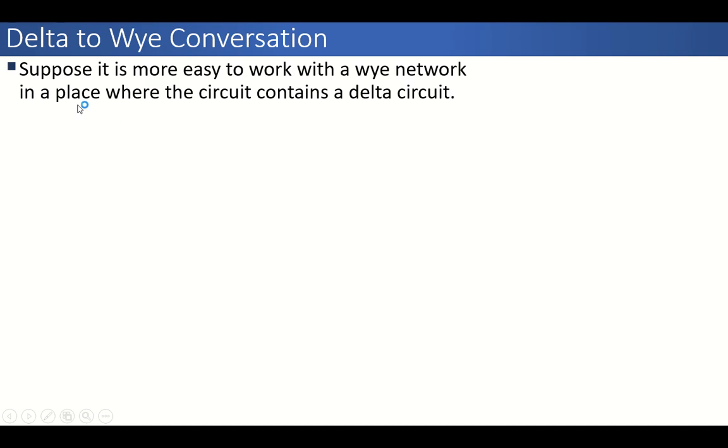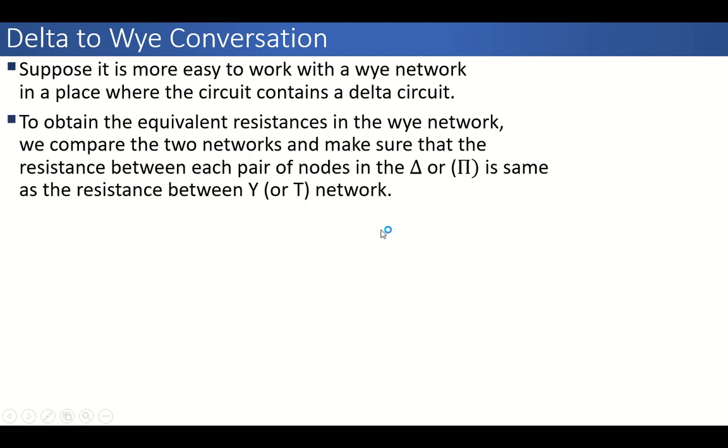Suppose it is easier to work with a Y network in a place where the circuit contains a delta network. Assume that we have a complicated circuit. In that circuit we have a delta network, but if we convert that delta network into a Y network, then we can easily solve the resulting circuit. So let's convert that delta into a Y network.